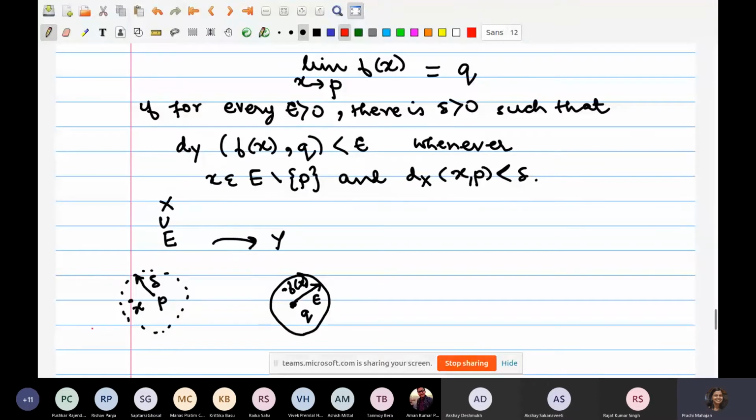So this is true for every point of this delta neighborhood of the point p, except at the point p itself. Now the question is, why do I leave out the point p?